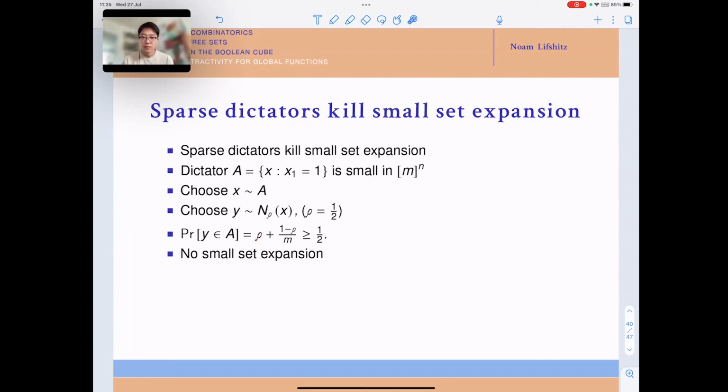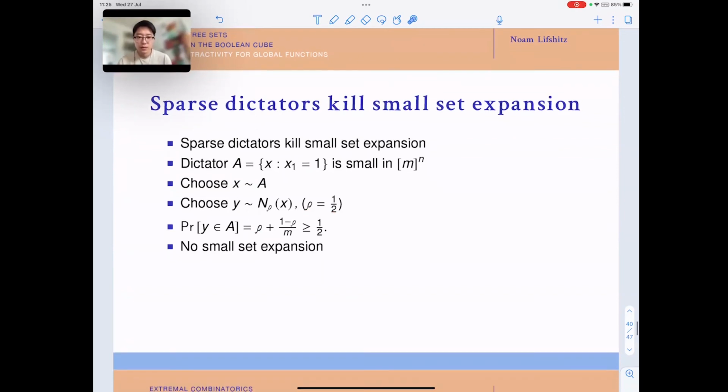Once x belongs to A, it means that x1 is 1, and therefore also y1 is going to be 1 with probability at least rho. If we choose rho to be 1/2, it means that we have no small set expansion. Even though the set A is small, when we take a step of the random walk, we stay in the set with high probability.